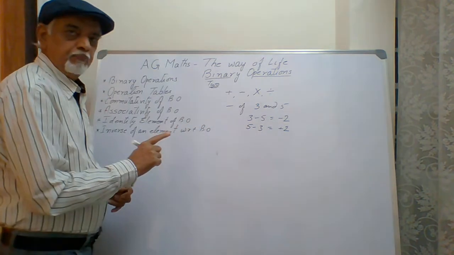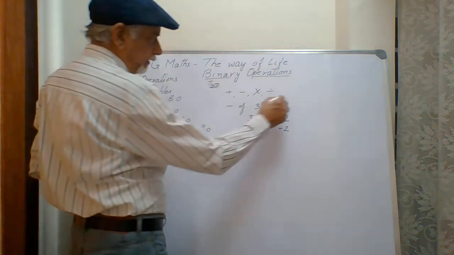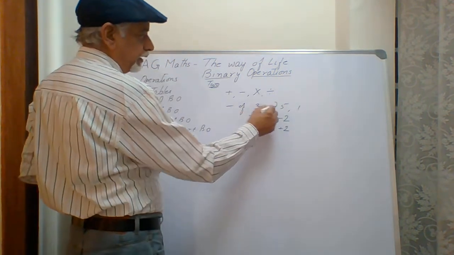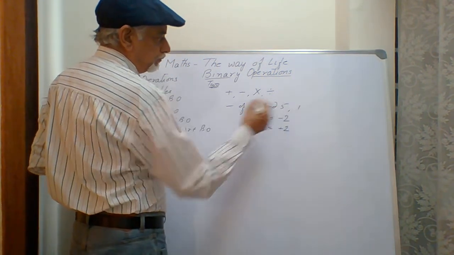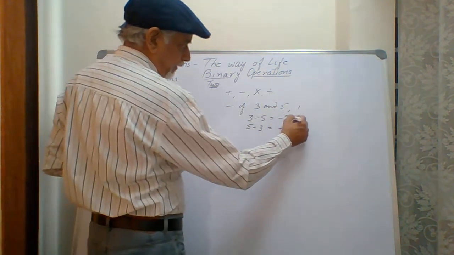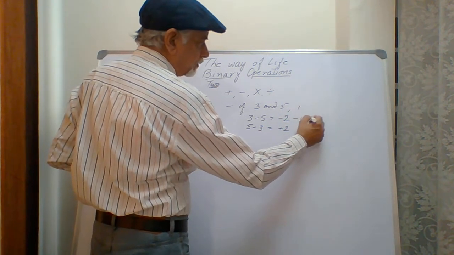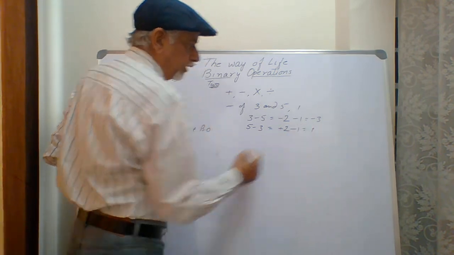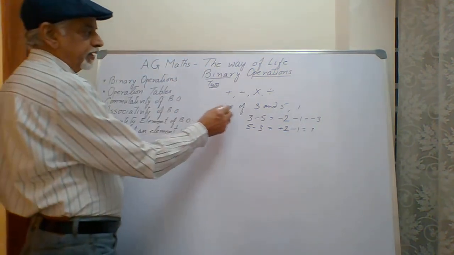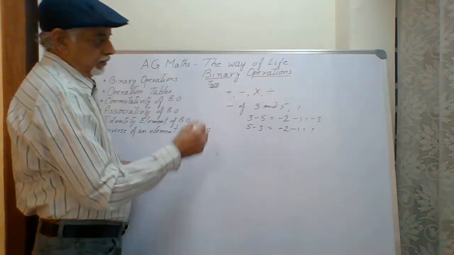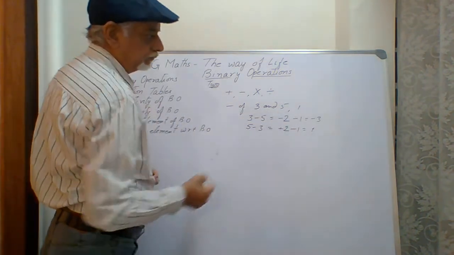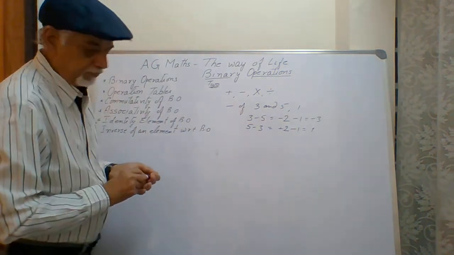The results are not the same. Again, if we have another subtraction of 1, then from the result of 3 and 5 you subtract 1 as well. So I subtract 1 here, it becomes minus 3, and if I subtract 1 here, it becomes plus 1. So if you have a subtraction of 3, 5 and 1, we can do it subsequently and get the answer minus 3 or positive 1.